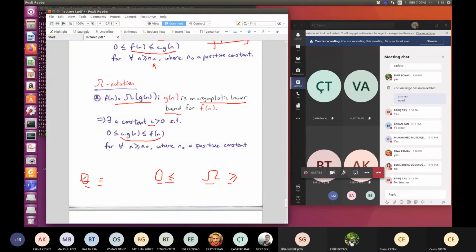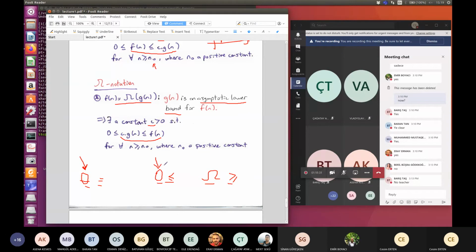Whenever we analyze the running time of some algorithm, ideally we would like to find a theta bound to describe its running time, because theta is a tight bound. If I claim that T of n, the running time of some algorithm, is theta of n squared, it basically tells me that the running time grows almost the same as the function n squared. But it's not the same for big O notation.